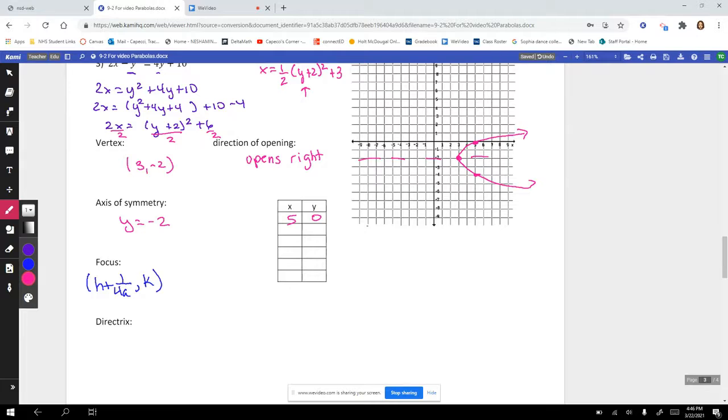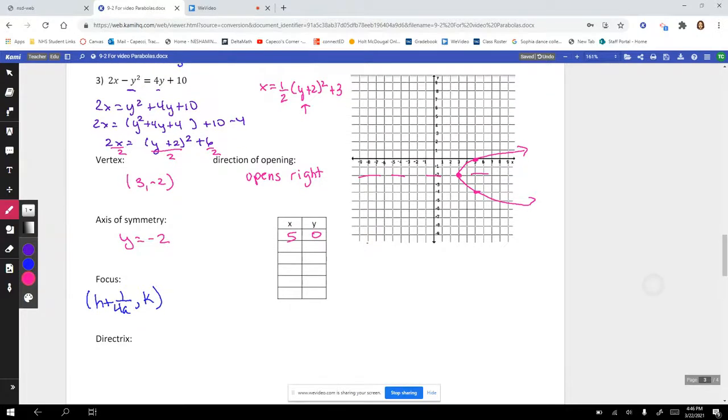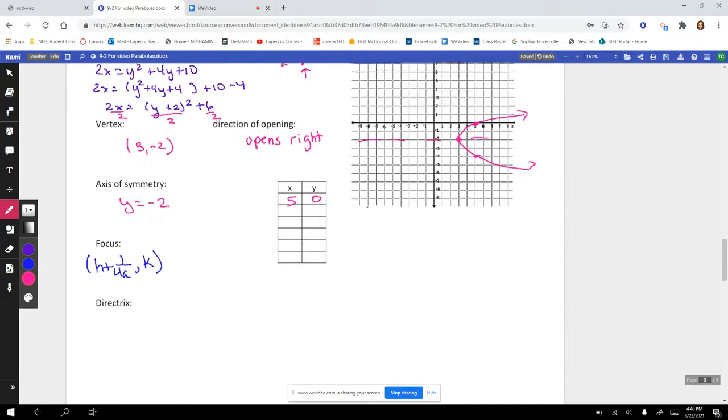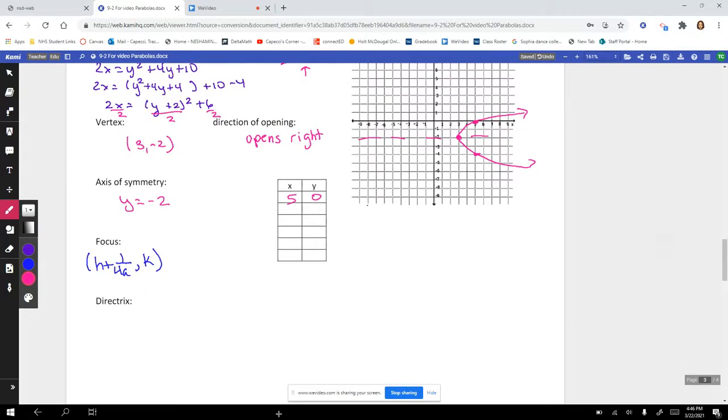Let's take a look at my focus again. So my h value is going to be 3 plus 1/4 times 1/2, and my k value is -2. So this gives me 3 plus 1/2, and then -2 there. So this gives me 3.5 and -2.